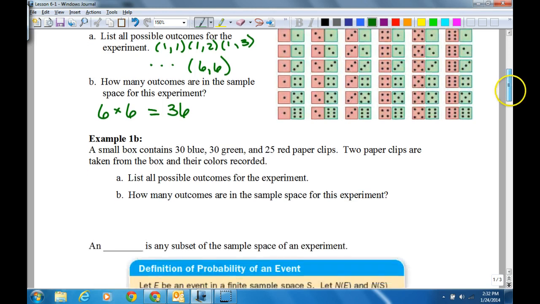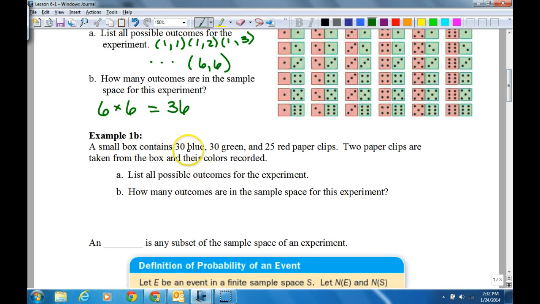On the next part, it says you have a small box containing 30 blue, 30 green, and 25 red paper clips. Two paper clips are taken from the box and their colors are recorded. List all the possible outcomes for the experiment. Well, you can get a blue paper clip first, and then maybe a green. You could get a blue and a blue, and a blue red.